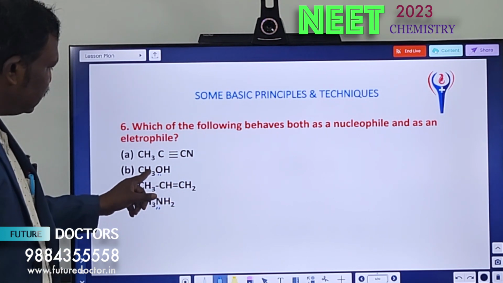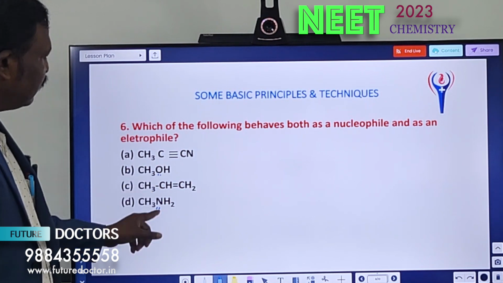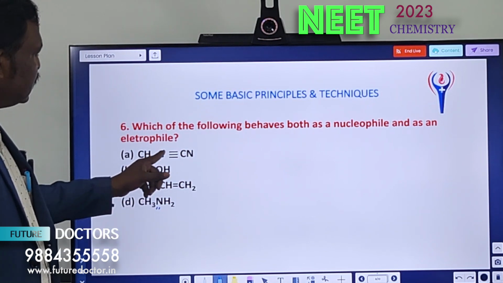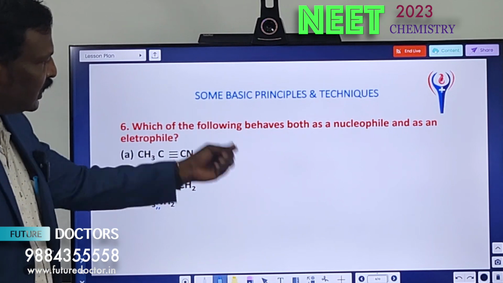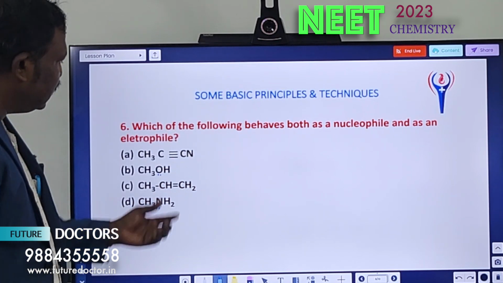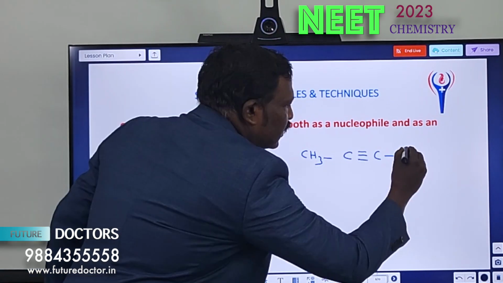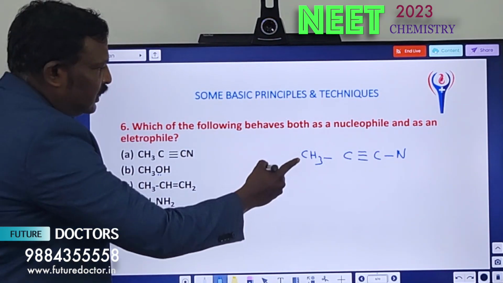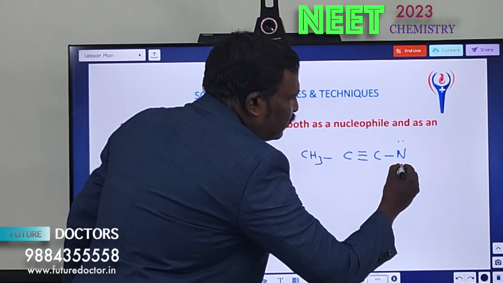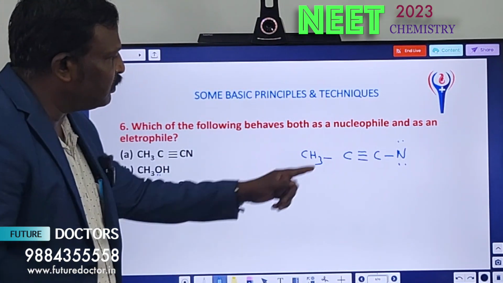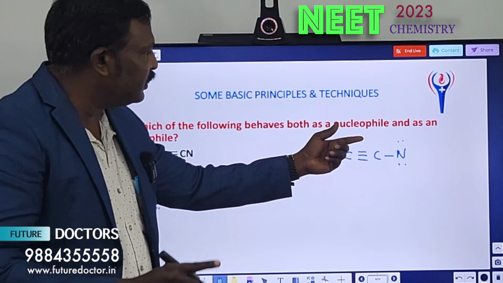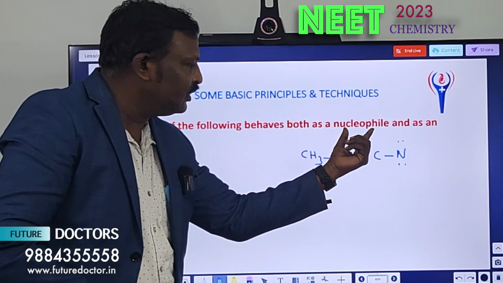These three only act as a nucleophile group, but CH3CN acts as both an electrophile group as well as a nucleophile group. Listen all of you. When you draw this structure, it has a lone pair of electrons, so it is called a nucleophile group.